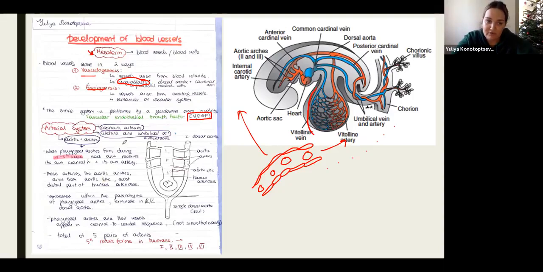Fun fact about the vascular endothelial growth factor: cancer cells secrete it, and that's how they spread, metastasis. The spread of cancer could happen in two possible ways, lymphatic or vascular. The vascular route is thanks to the VEGF.